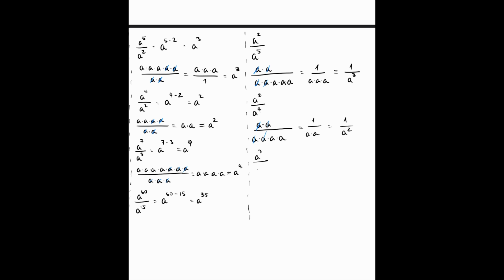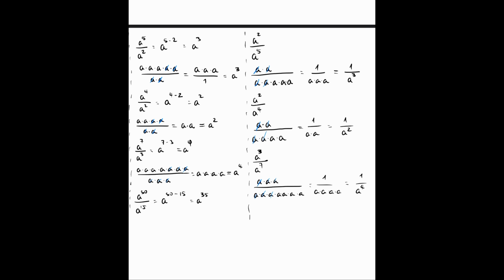A cubed divided by a to the 7th. Again, a cubed means a multiplied by itself 3 times. A to the 7th is a multiplied by itself 7 times. We cancel out common factors, and we end up with 1 over a multiplied by itself 4 times, which can be written as 1 over a to the 4th.